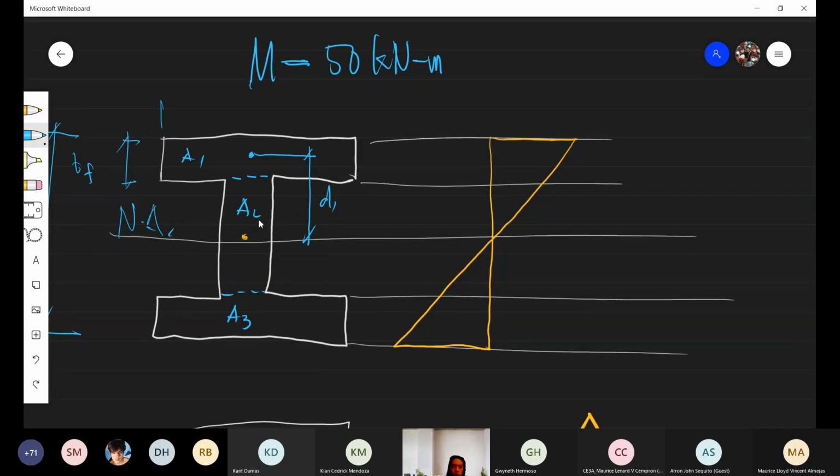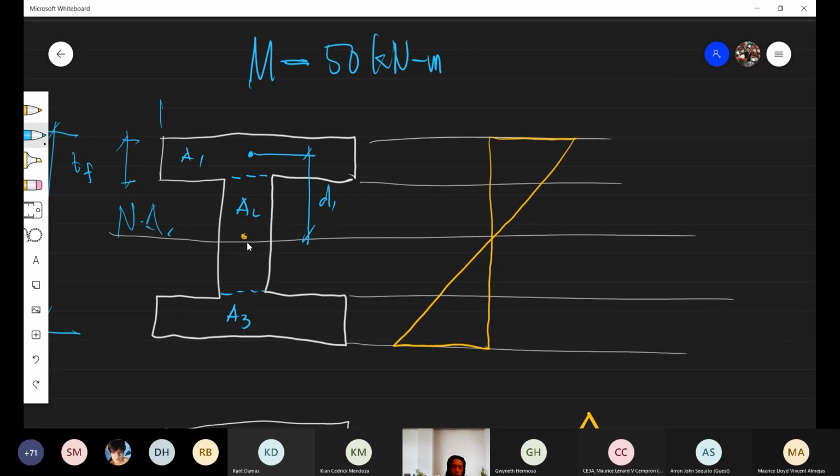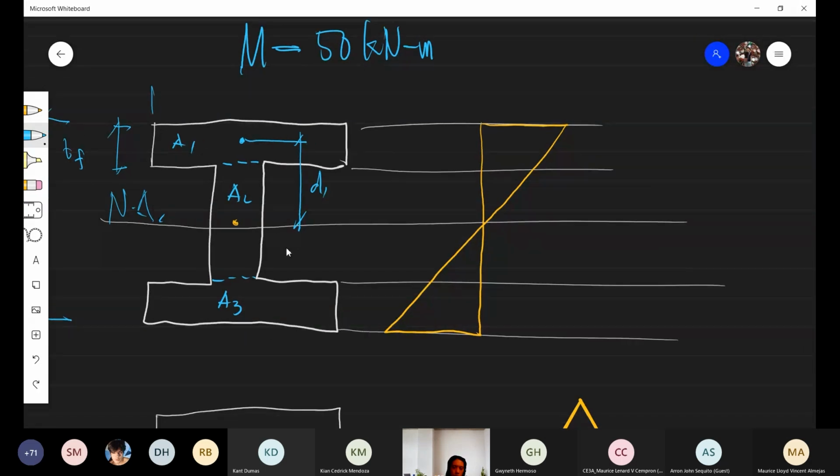And D2 is 0 because they coincide. The distance of the centroid of A2 to the centroid of the composite shape is 0. Okay, and A3 naman, centroid niya is somewhere here. Let's put A3 there. This is the centroid of A3 and this distance, amin niya ang D3. D1 and D3 are just the same, di ba?